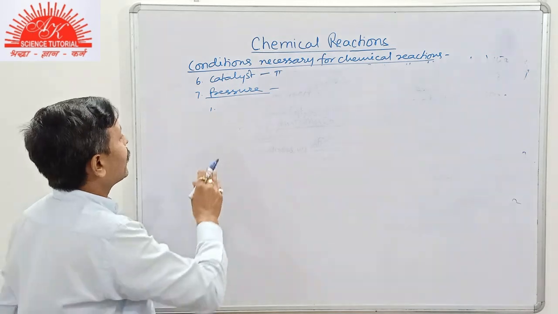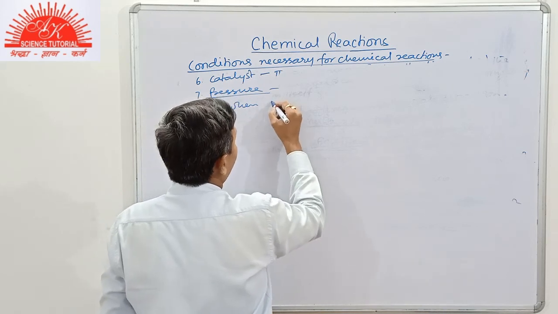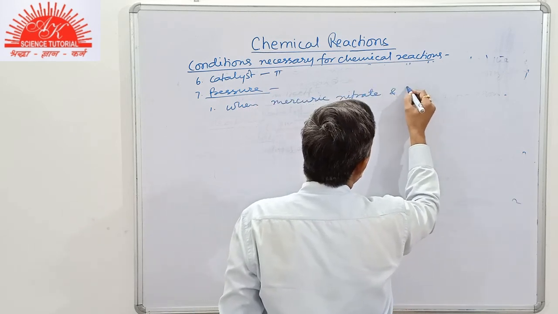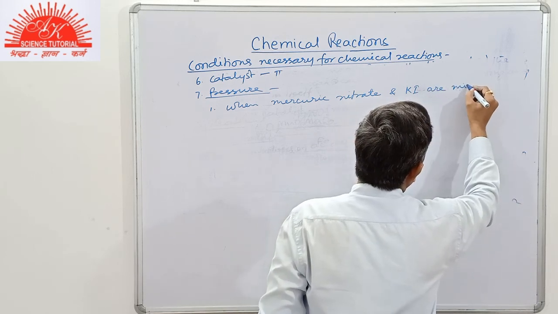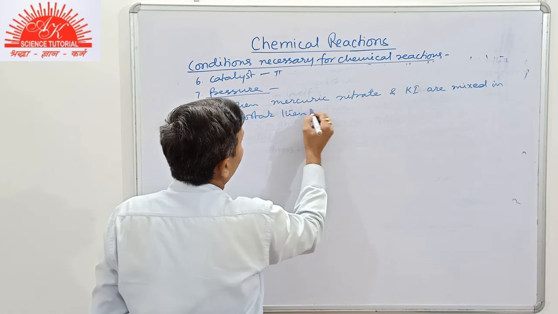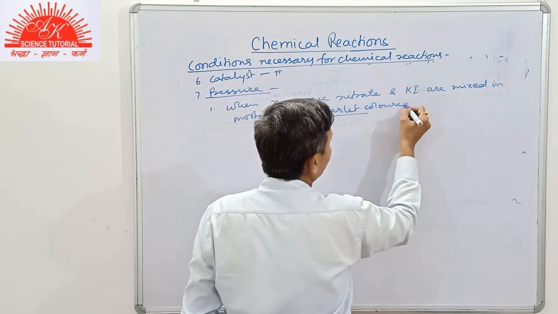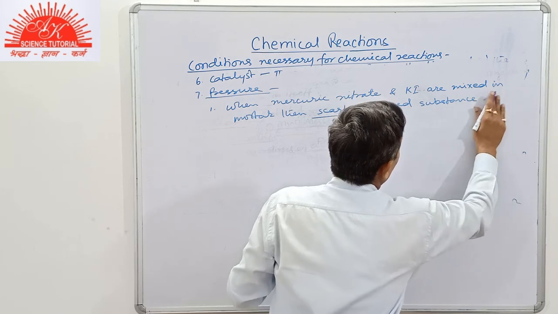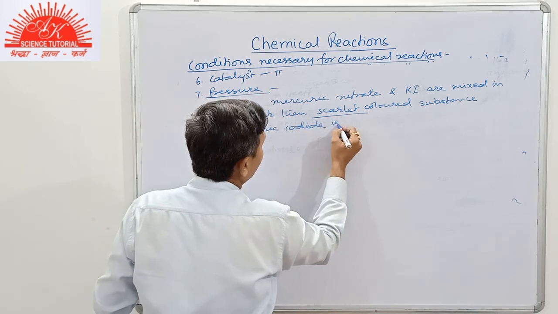Like you see here, student, when mercuric nitrate and potassium iodide are mixed in a mortar, then a scarlet colored substance, mercuric iodide, is formed. Here the observation is asked.